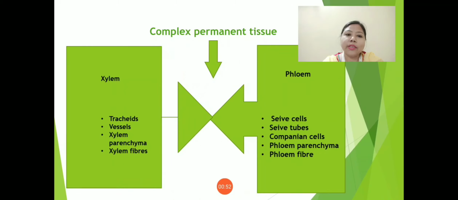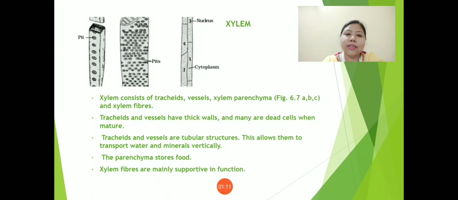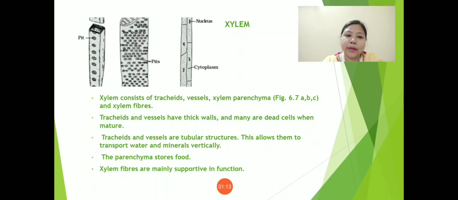The xylem is made up of tracheids, vessels, xylem parenchyma and xylem fibers. Phloem is made up of sieve cells, sieve tubes, companion cells, phloem parenchyma and phloem fibers. So let us discuss the structure of the xylem.